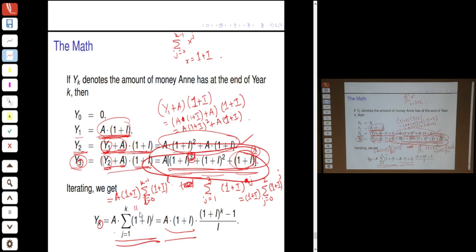And then you have this sum, and you can simplify it using the formula for geometric series. We notice that this is (1 minus x to the k) over (1 minus x).